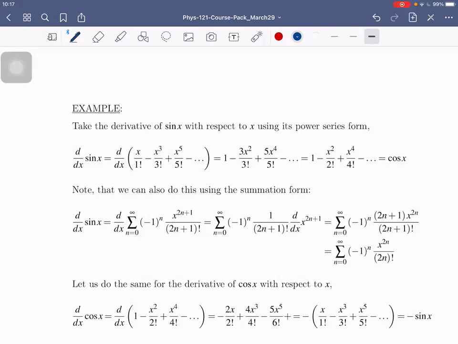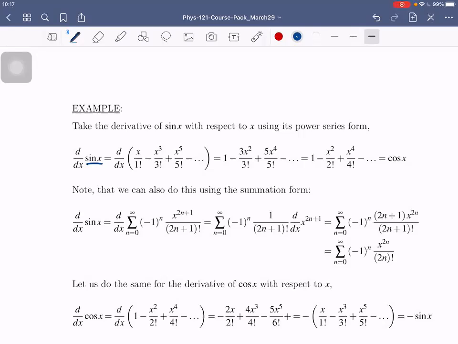So, well, ang Maclaurin series ng sine of x is also power series. So that's the power series form. So that if we take the derivative of sine of x with respect to x, we'll have the derivative of itong term ng sine. Ang sine x are just the odd numbers, no? So we have x over 1 factorial minus x cubed over 3 factorial plus x to the 5th over 5 factorial, and so on.